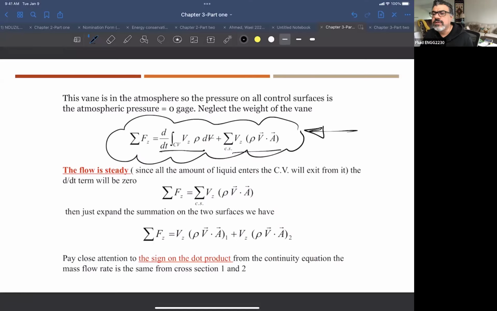The first term will be 0, and now you only need to monitor the momentum at the control surface. It becomes a very simple problem, right? You need to see the mass and the velocity of the flow crossing the control volume in and out, and the change between these two is creating the force.